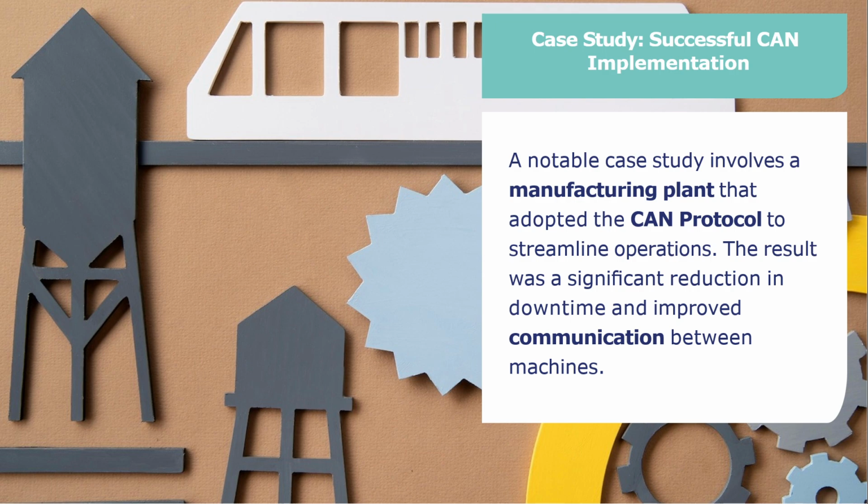I gave the example there, and the same example applies here for this CAN implementation. Why is CAN used to streamline operations? To significantly reduce downtime, to improve communication between the machines, and production also increases.